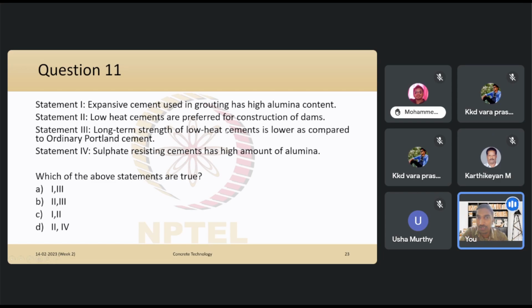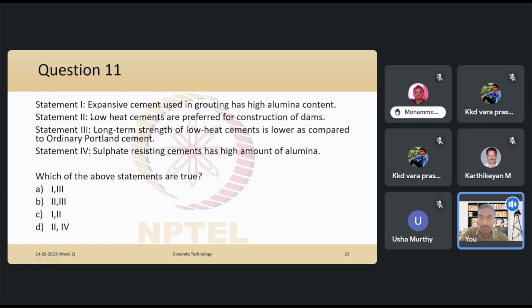So when C3S is lower and C2S is higher in comparison to OPC, what will happen? The long-term strength will actually be higher for low heat cements. But this statement says the opposite, that low heat cement has a lower long-term strength than OPC. Therefore, that is incorrect. It is the opposite: early strength will be lower, but the long-term strength will be higher for low heat cements. So that's why statements 3 and 4 are wrong.